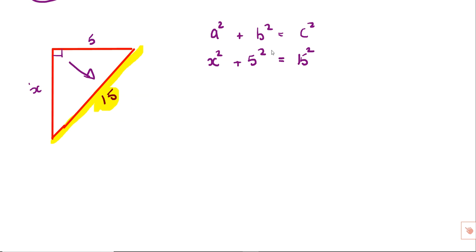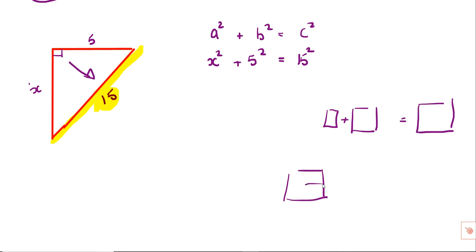No, there's no angle. I'm not doing trigonometry. If you just think about what it is, do you remember the whole point of Pythagoras' theorem was the two smaller squares should equal the one big square. Therefore, what I've been told is the big square and one of the smaller squares. So if I take the big square and subtract out the little square, I'm left with the other square.